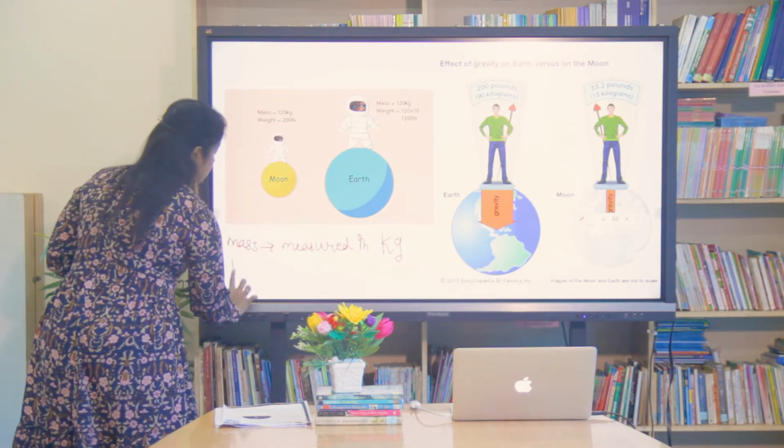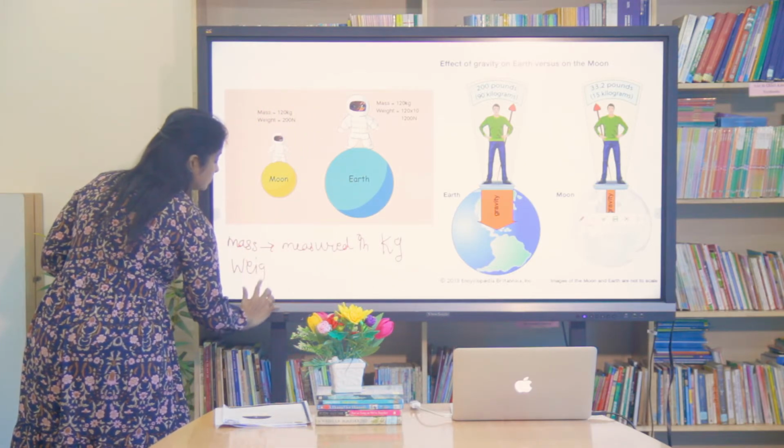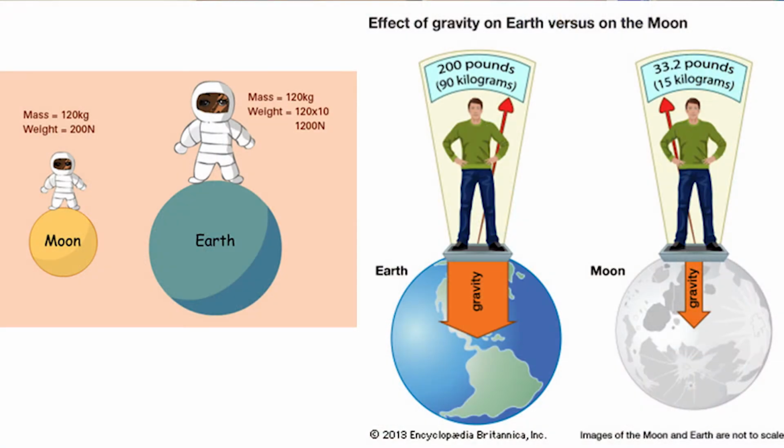Okay, weight is measured in Newton. Okay, everybody, that is why we say mass is 120 kilogram and weight is 200 Newton on the moon.